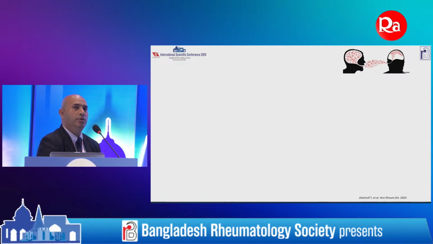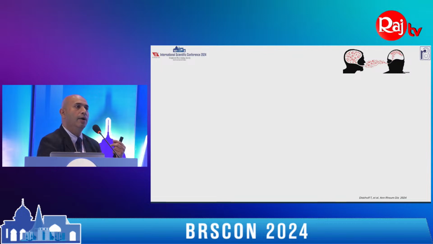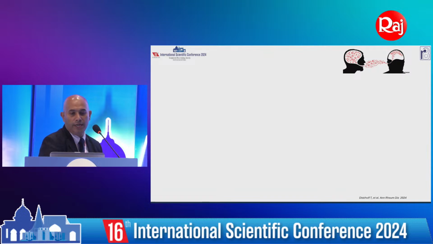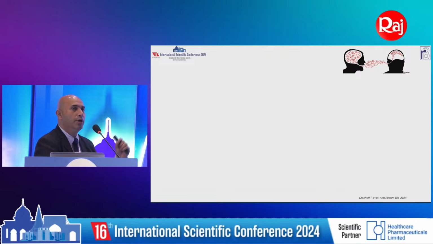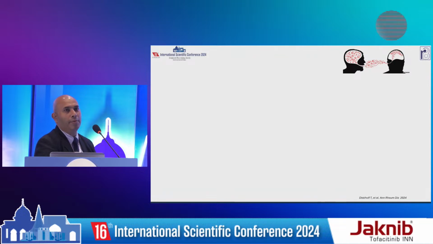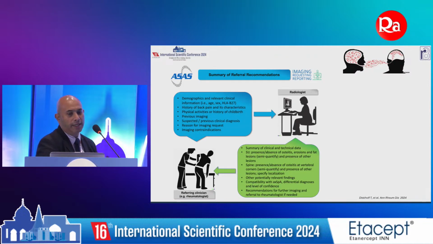Now, what we need to understand is we are working for a patient who is right in front of us, and we have to plan the treatment. So what is really important is using the same language when communicating with the radiologist, because if you give jargon, you get a jargon report back. Garbage in, garbage out. So that shouldn't be the thing.